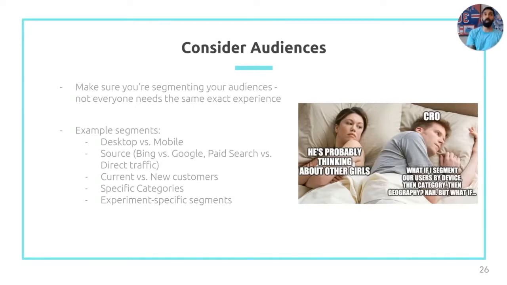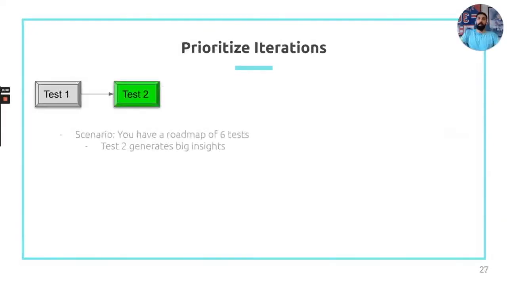We need a totally different experience for our paid search users compared to our organic users, because the tests we're running have given us plenty of evidence to support that theory. So it's definitely important to consider your audiences when you're running these experiments for learning purposes.